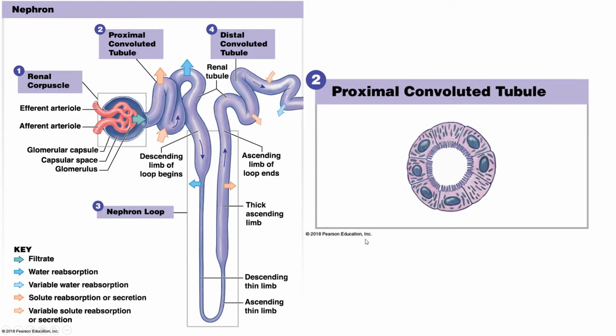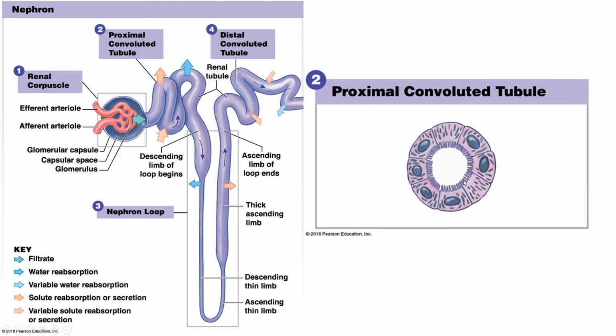So let's start talking about the proximal convoluted tubules or the proximal tubules. They're the first and the longest segments of the renal tubules. Of course, they have both straight and coiled sections. And when you look at the cells that make up the tubules, they're made up of a simple cuboidal epithelium that have prominent microvilli.